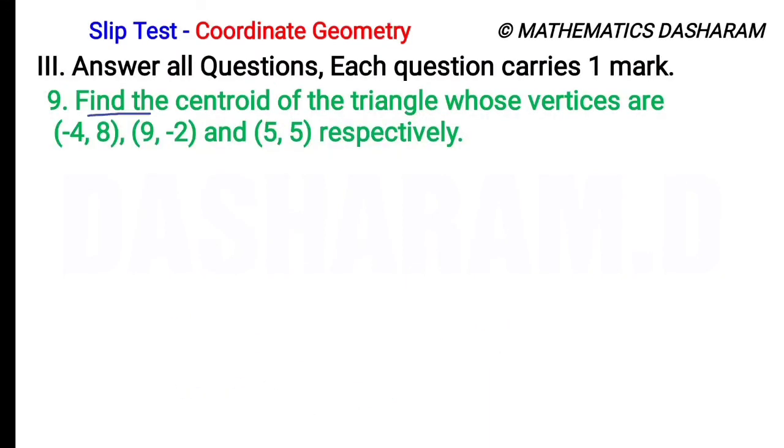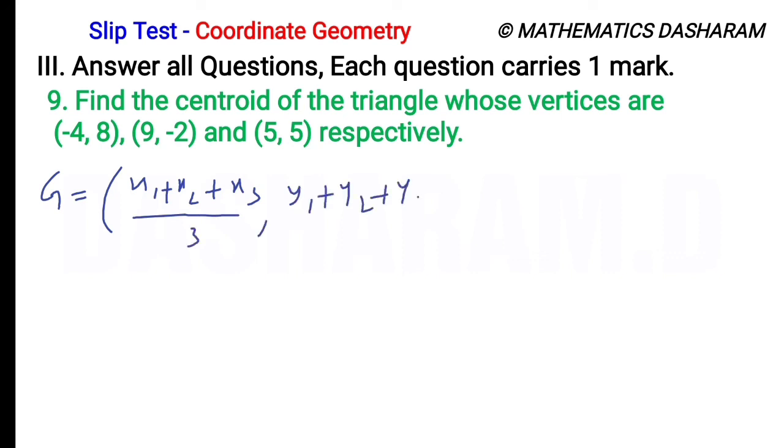Ninth question, find the centroid of the triangle whose vertices are given. So the centroid G is equals to x1 plus x2 plus x3 by 3 comma y1 plus y2 plus y3 by 3. Substitute the coordinates, here is x1 y1, here x2 y2, x3 y3.